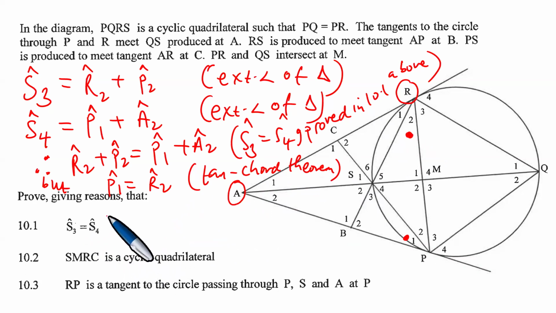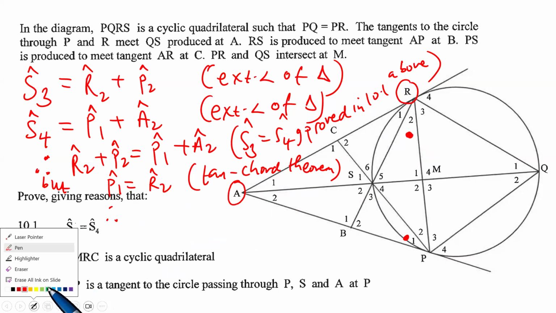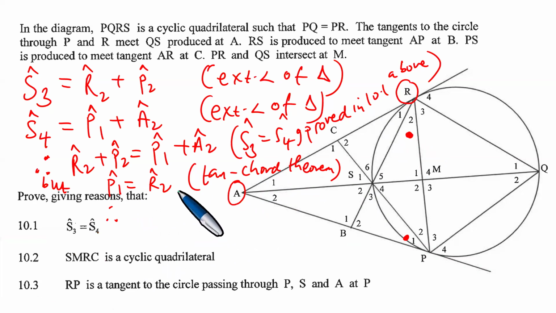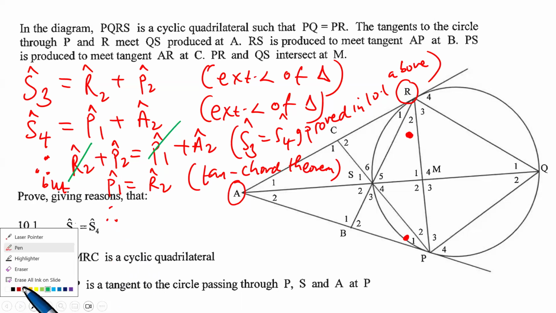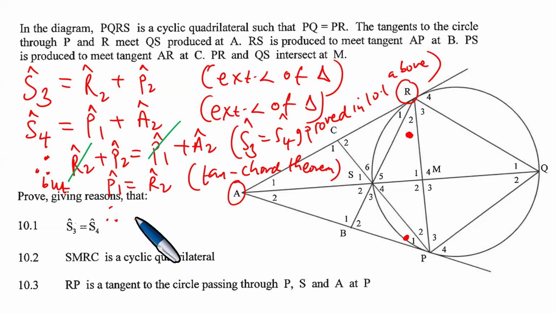And the conclusion, therefore, if it is true that the angle P1 is equal to the angle R2, so these ones you can cross out. And after you cross them out, we're able to make the conclusion that the angle P2 is equal to the angle A2, like so.